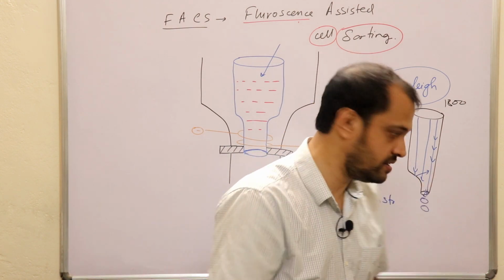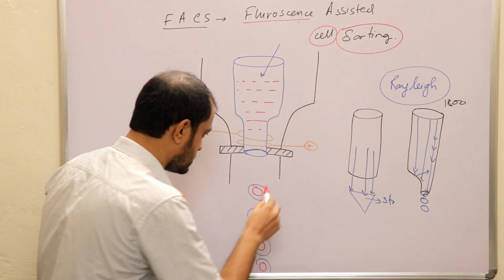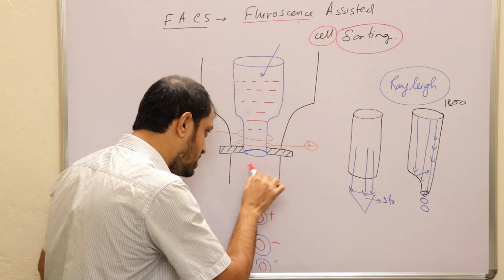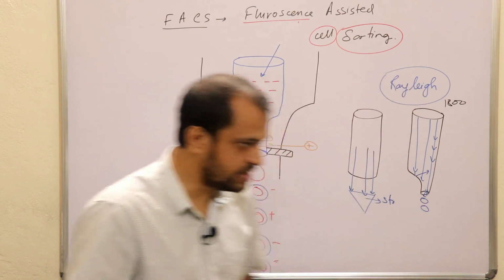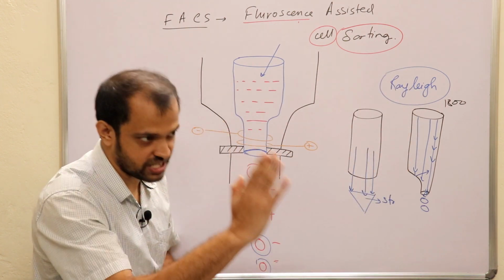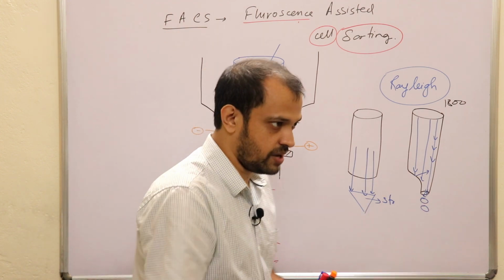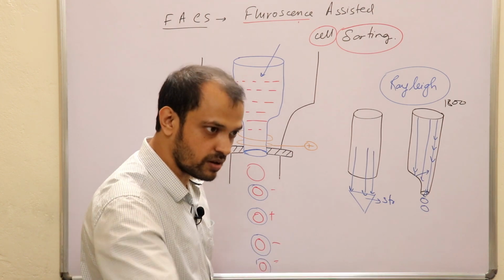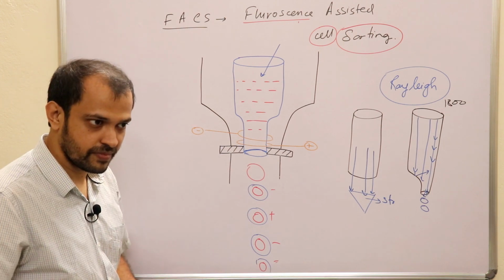And each droplet should be charged, either negative or positive, or it may remain uncharged. That's it. This is our motto, or our objective. Now we will learn step by step how cells are inserted. We'll learn later, but first let us discuss how these droplets are formed out of the streamline pathway.